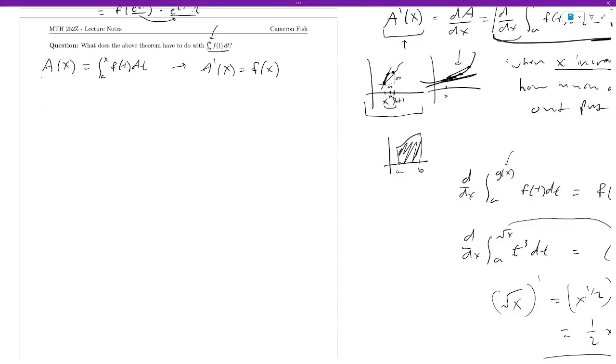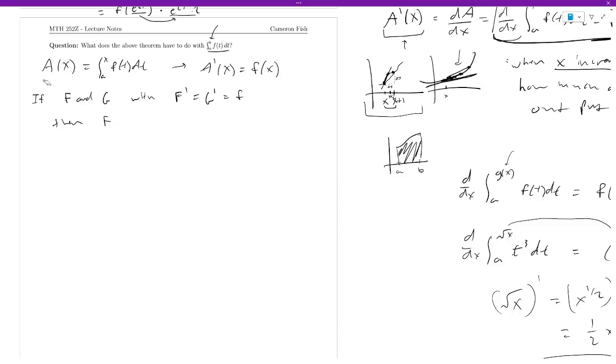You might remember this from Calc 1, but I'll remind you that if I have two functions, say capital F and capital G, whose derivatives happen to be equal to each other and equal to some third function, maybe called little f, then in fact this big F has to be almost the same thing as the big G, up to a constant.